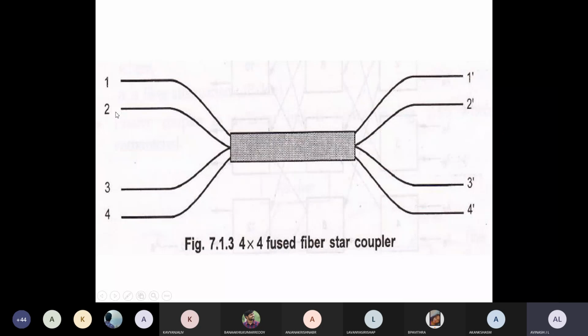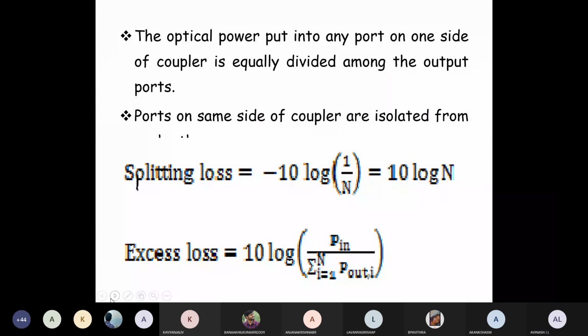Similarly, if you put the power at the second port, equal power distribution will happen between 1 dash, 2 dash, 3 dash and 4 dash. Similarly with respect to the 3rd port and the 4th port. Here, ports on the same side of the coupler are isolated from each other.